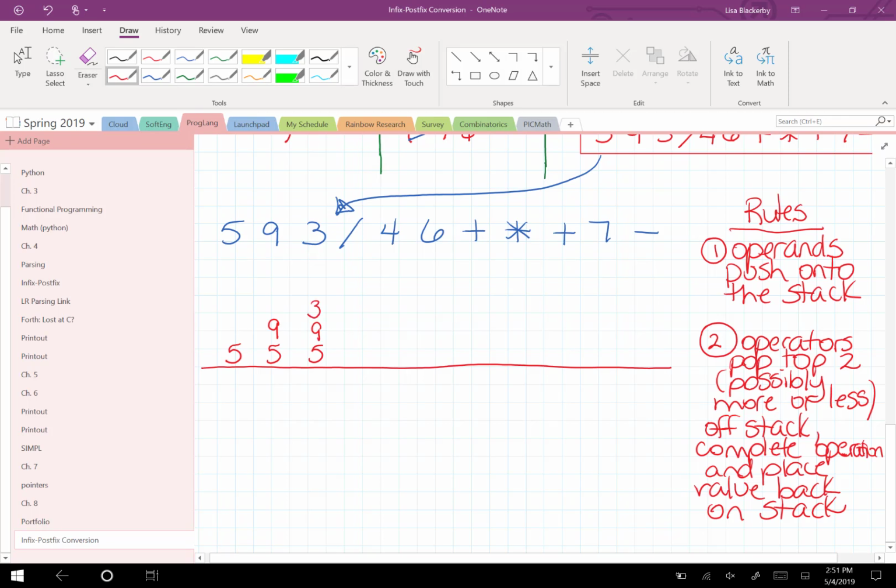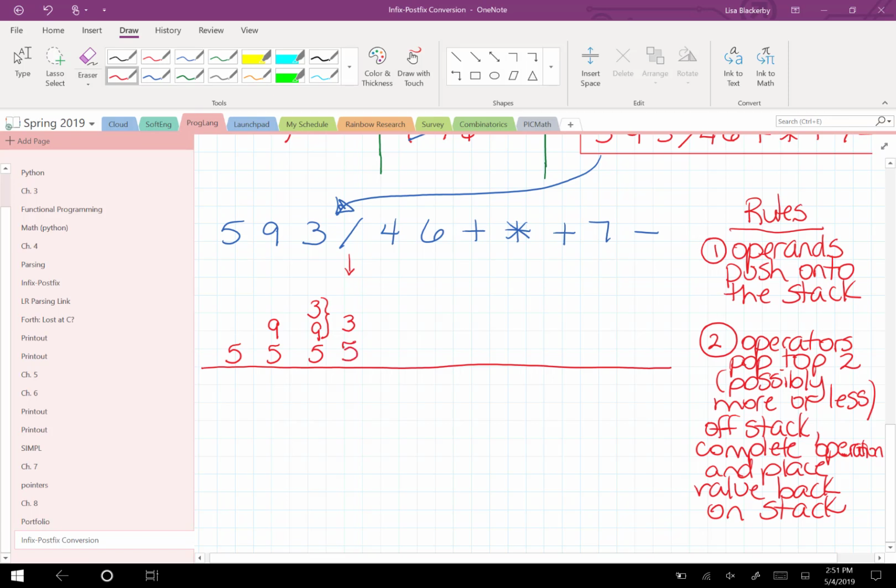Now I have this division coming down, so I take the top two off the stack and divide 9 by 3, and that becomes 3 and 5.